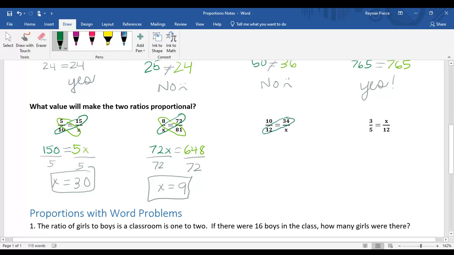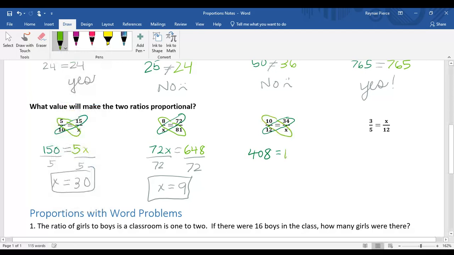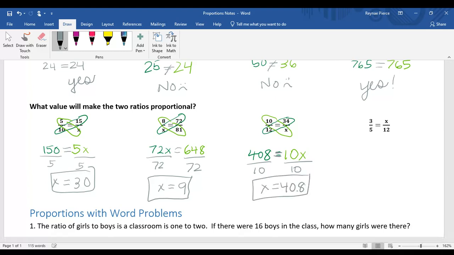12 times 34 is 408. 10 times x is 10x. They have to be equal to each other to be proportional, and so we need to find x by dividing by 10. And we do get a decimal, but that's okay, all right?